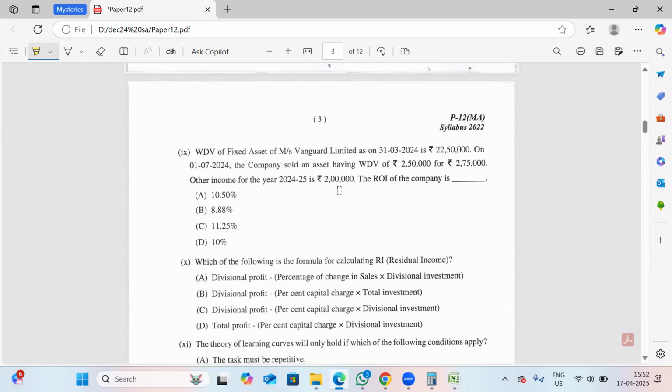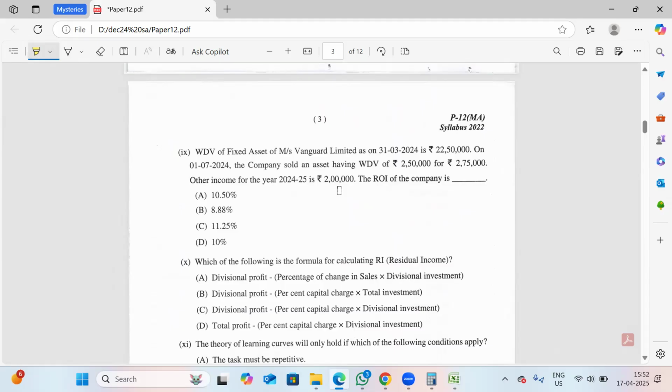So they have asked ROI, that is return on investment. So what is the formula for return on investment? Operating income divided by operating assets.